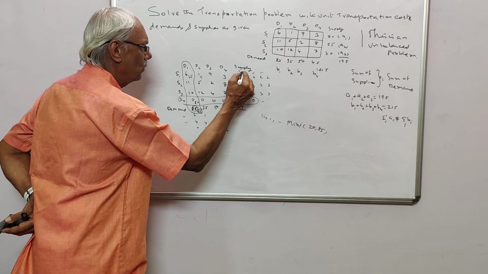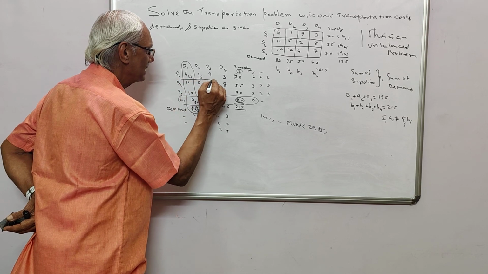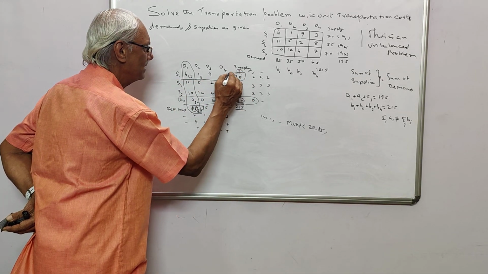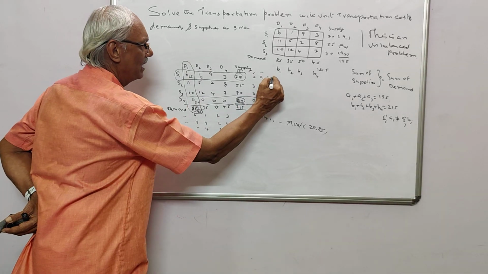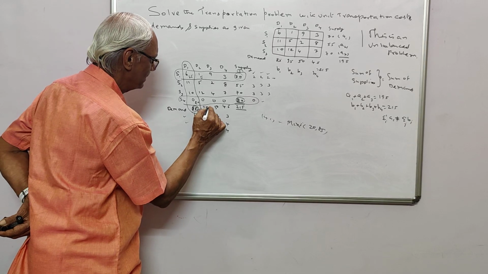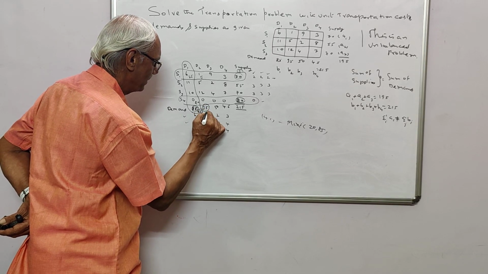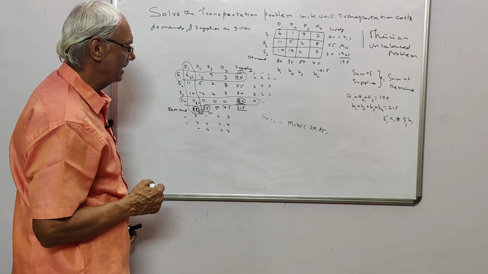It is 5. Now round off this. Once this is given, you see that S1 has given whole of its 70 to the destination. So it is over. It will not have anything at all. And simultaneously you reduce this by 5. So it is 30. So the third allocation is done.